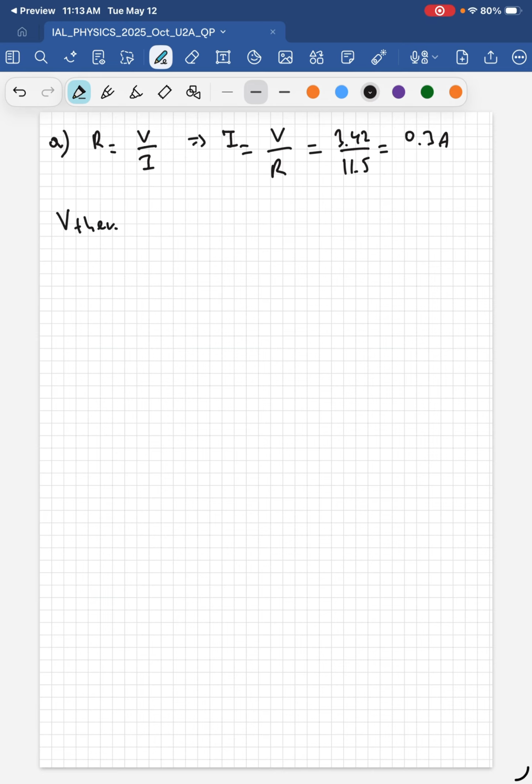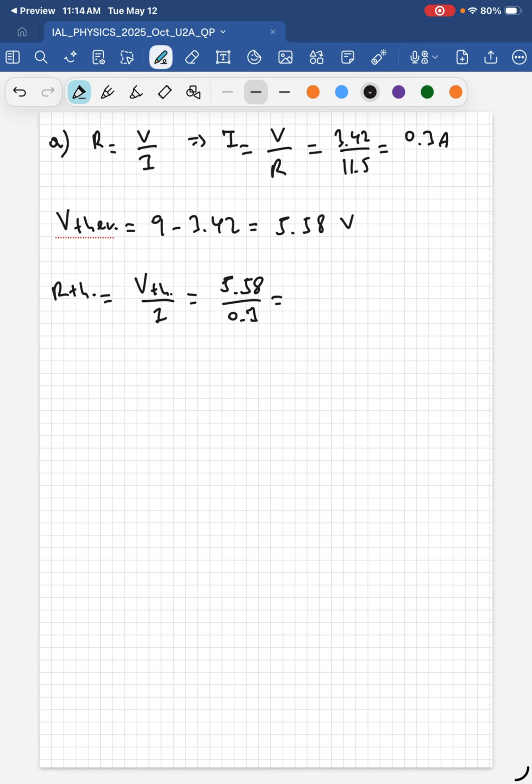So the voltage of the thermistor is then 9 minus 3.42, which is 5.58 volts, which means that the resistance of the thermistor is equal to the V of the thermistor over the current. So 5.58 over 0.3 yields 18.6 ohms.